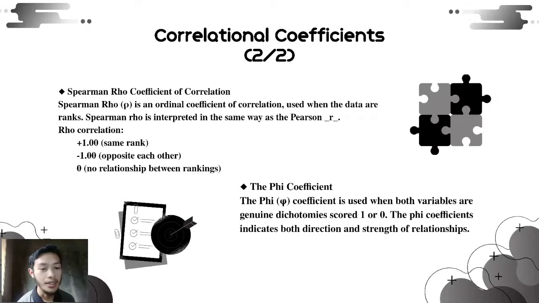And the last is the phi coefficient. It is used when both variables are genuine dichotomies, scored 1 or 0.